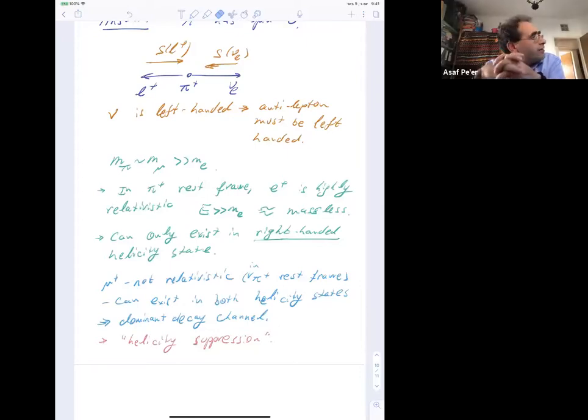I mentioned in one of the first lectures that there are still some open questions, mainly related to observations being done in cosmology and in astronomy, such as the nature of dark matter and dark energy, that there is no answer to. This is a first course in particle physics and in the standard model, so these are certainly things beyond the standard model.